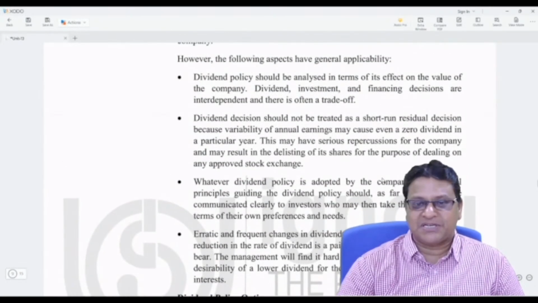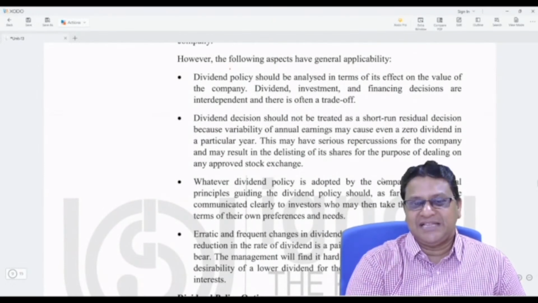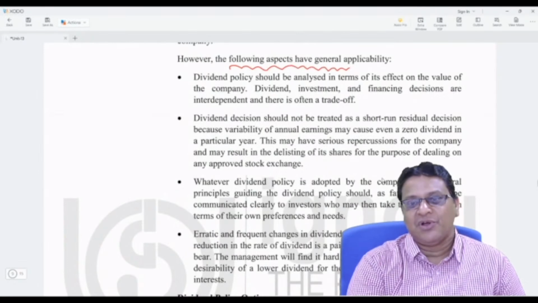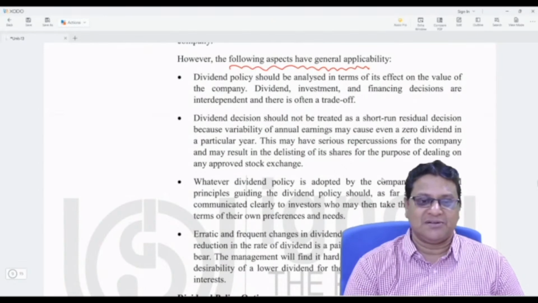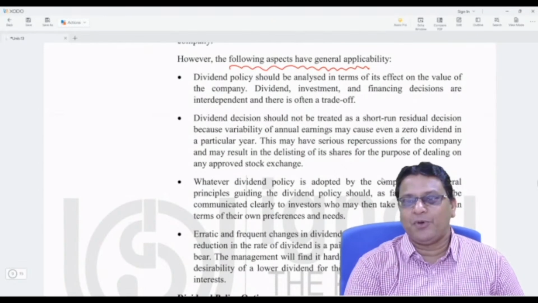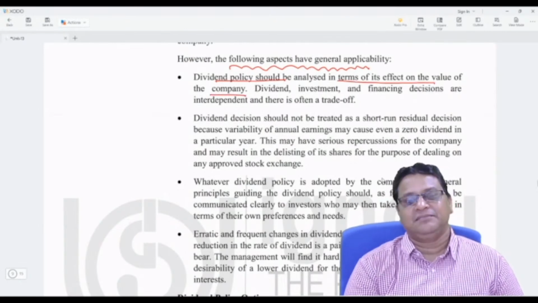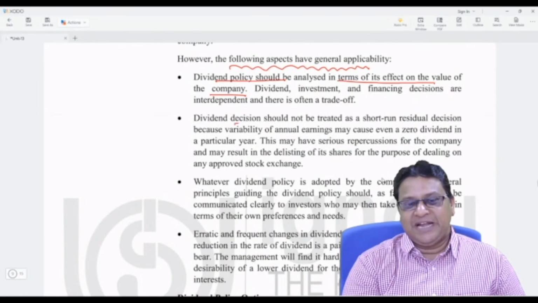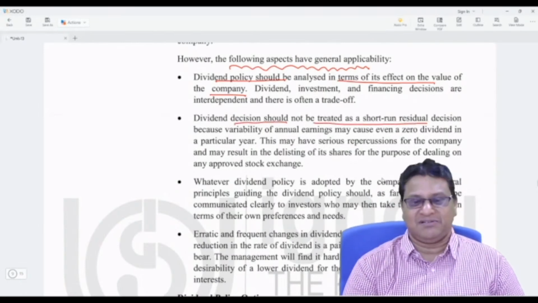What are the aspects? Generally these aspects must be considered while designing the dividend policy of an organization. First, dividend policy should be analyzed in terms of its effect on the value of the company. Dividend decision should not be treated as a short-term residual decision.